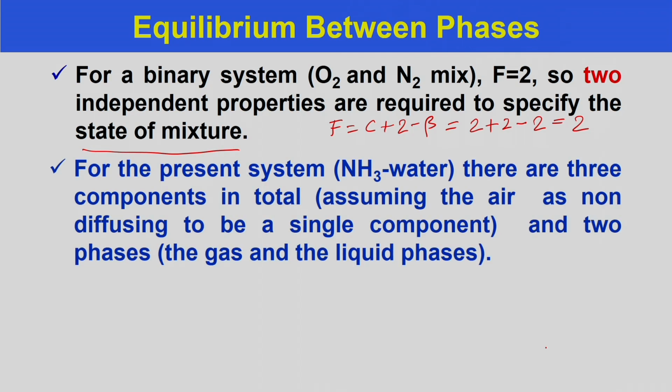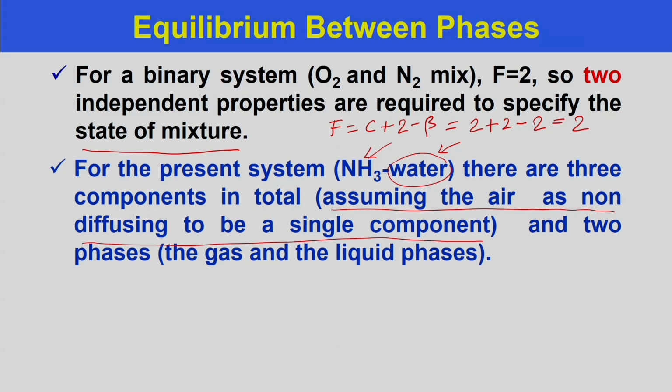Now, for the present system where we have considered ammonia in air and water mixtures, in this case there are three components in total, where we assume the air, which is non-diffusing, as a single component. So, here we have assumed air, being non-diffusing, to be a single component, and ammonia is another component and water is another component in the liquid phase.